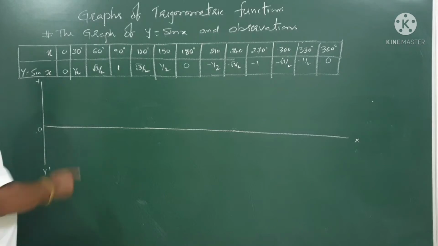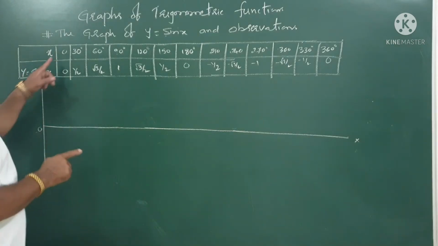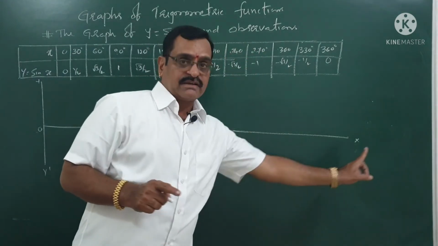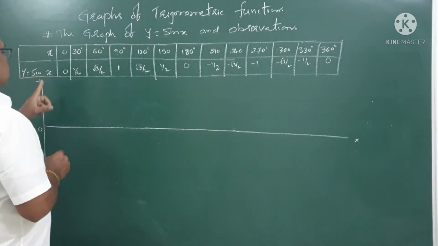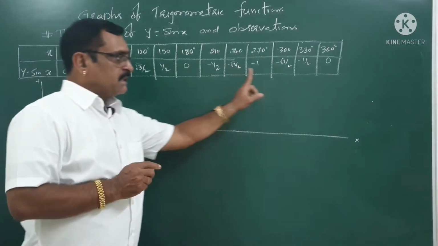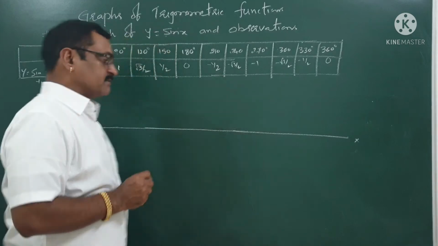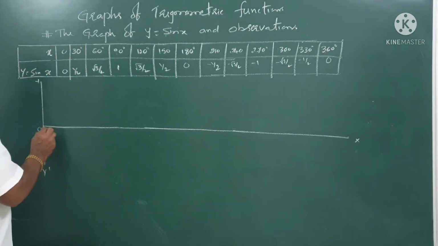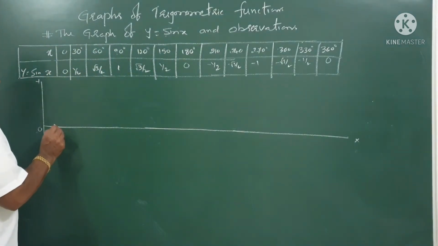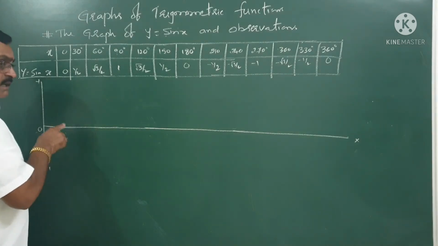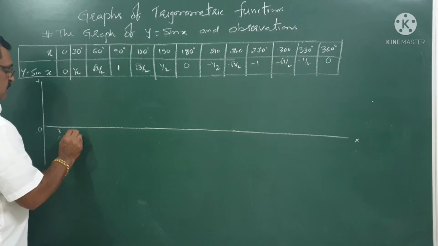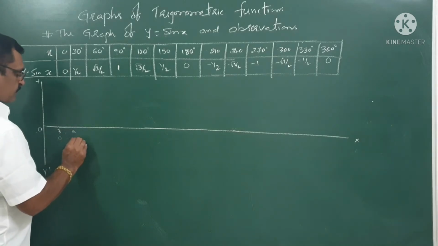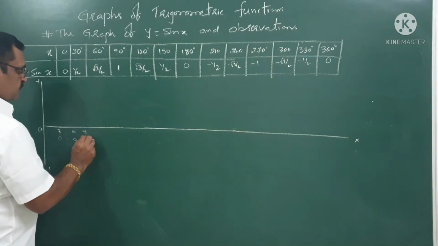I am taking all these angles on the x-axis, and all the outputs I am taking along the y-axis. First, let me indicate the values. First 0, then 30 degrees, then 60 degrees, 90 degrees.